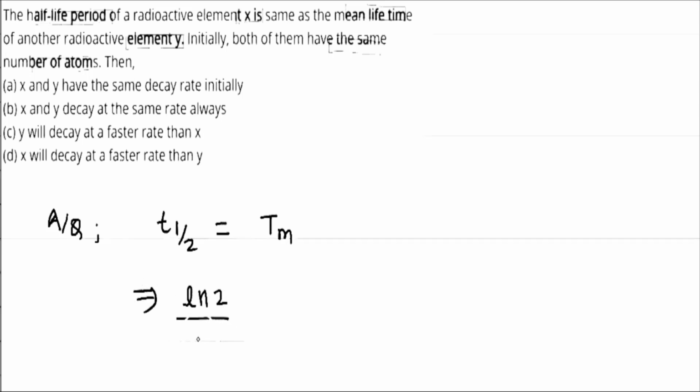According to the question, the half-life is equal to the mean life. Half-life can be given as ln2 upon lambda of x, which is equal to the mean life, given as 1 upon lambda of y.